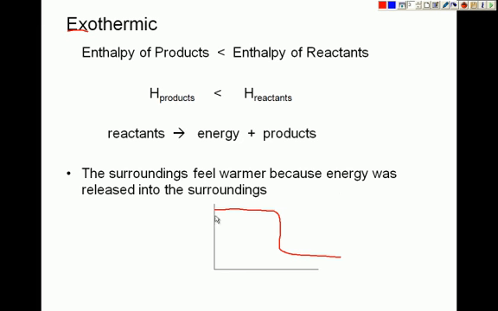Now, when we graph this, since H products is a smaller number than H reactants, this is what our delta H is going to look like. Delta H is going to look something like this.